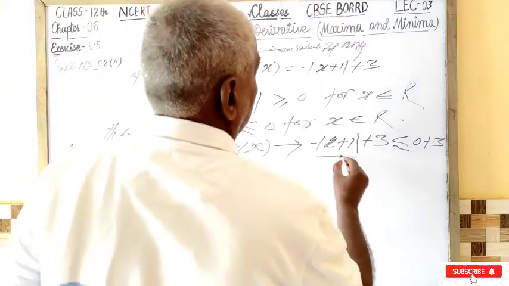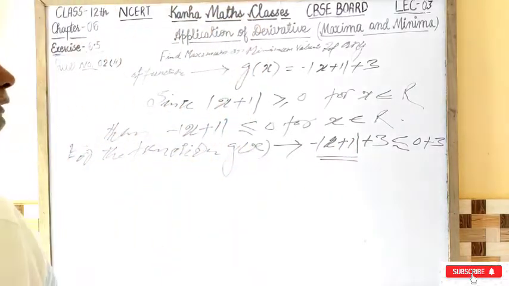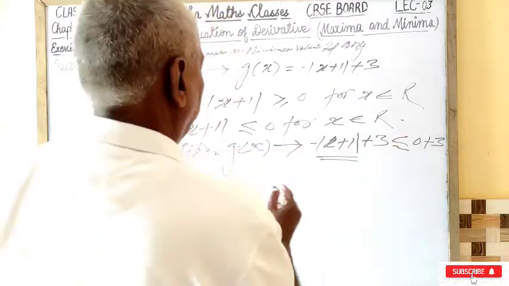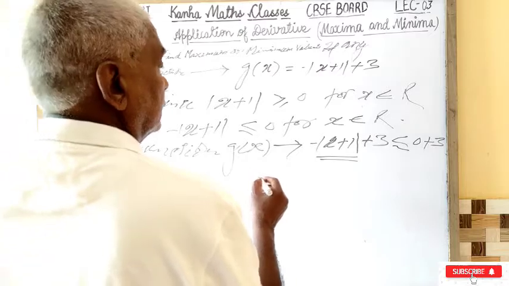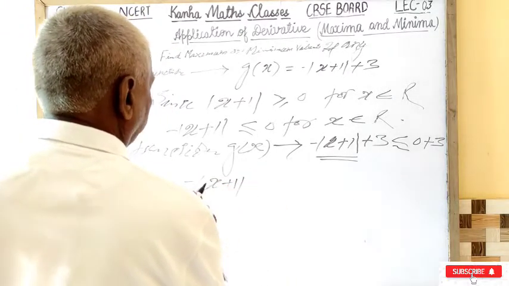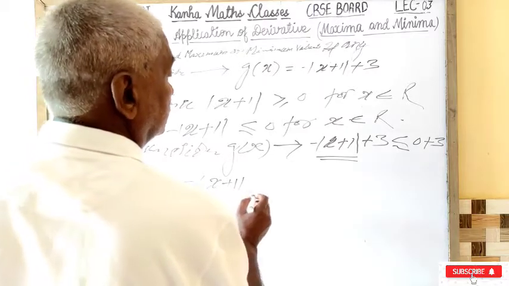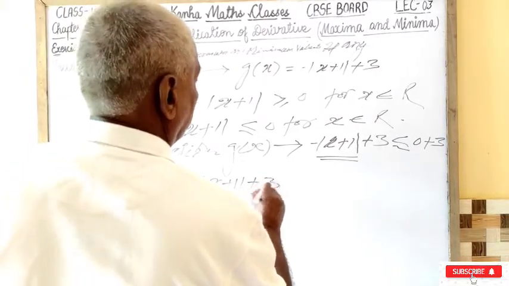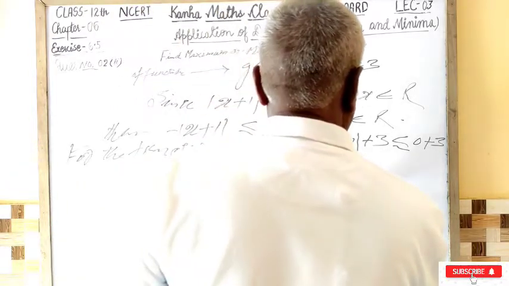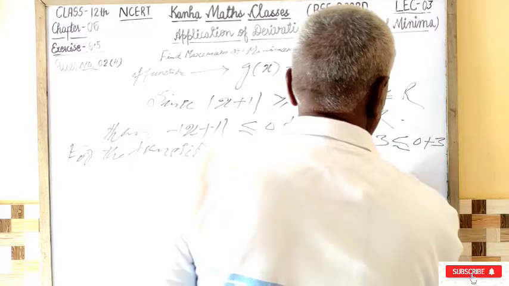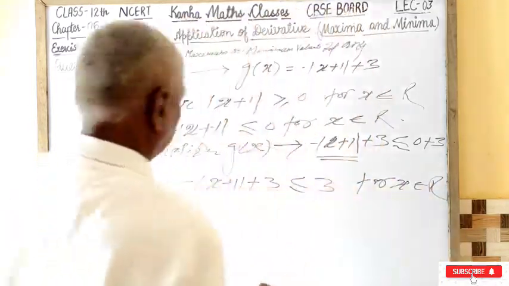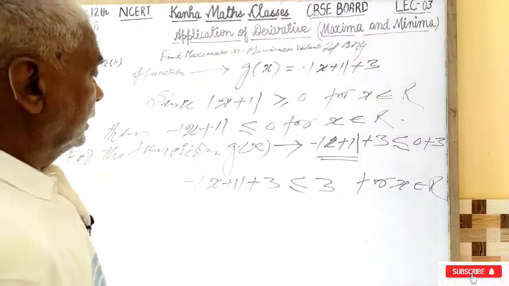Hence the function must always be less than or equal to 3, that is, -|x + 1| + 3 is less than or equal to 3 for x in R.